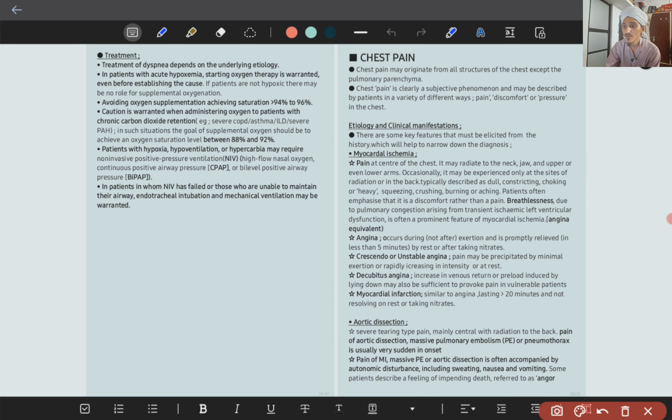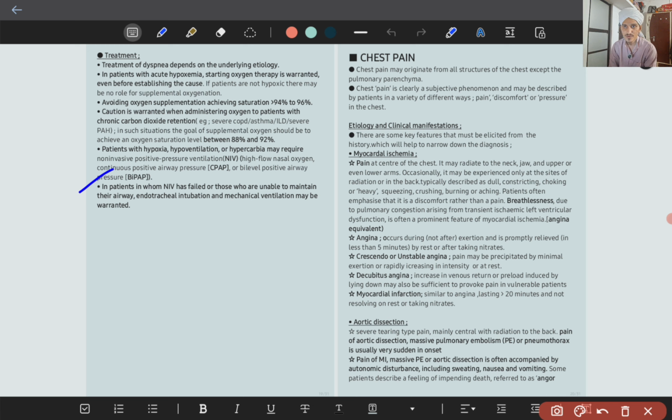In patients in whom NIV has failed or those who are unable to maintain their airway, endotracheal intubation and mechanical ventilation may be warranted. So this is the general treatment of breathlessness. Oxygen therapy should be given to every patient coming with acute breathlessness, regardless of the cause. And in chronic respiratory failure patients, you should maintain the saturation between 88 to 92.